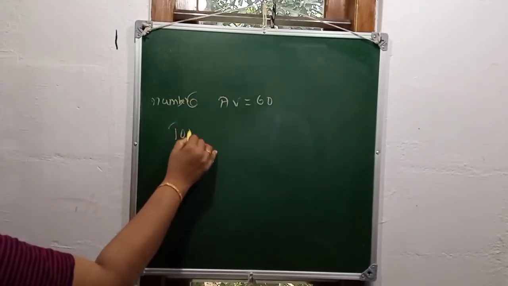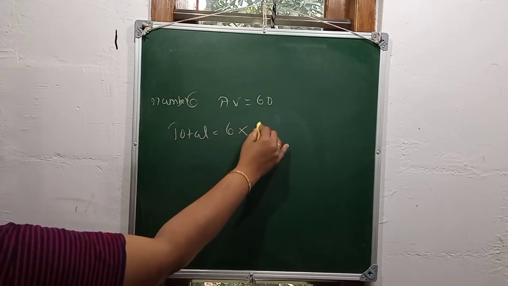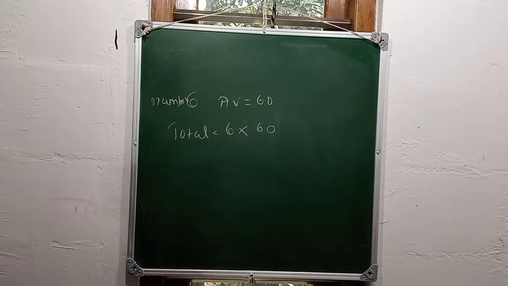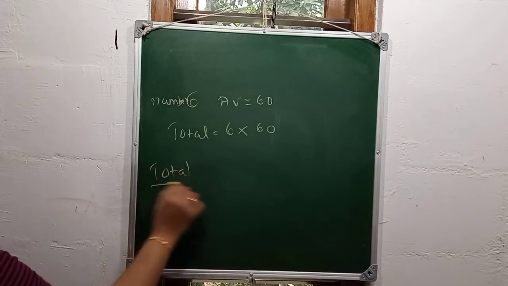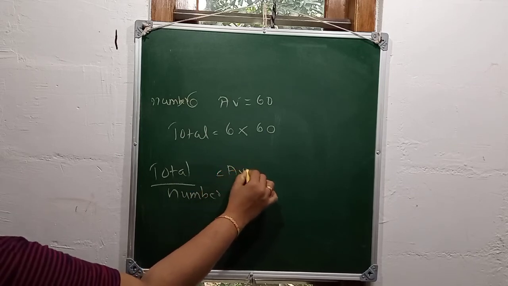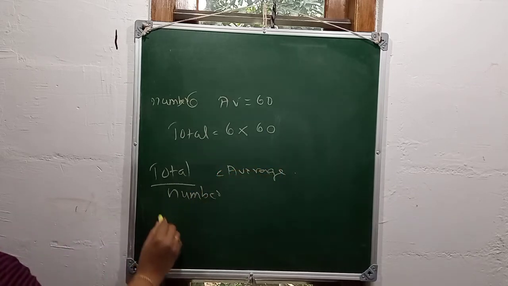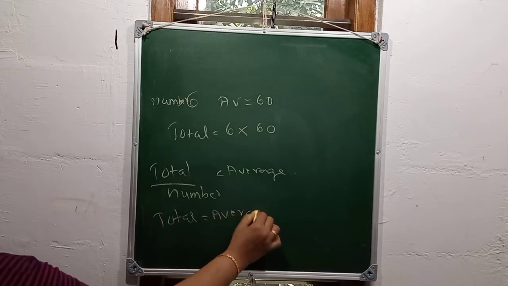Then what is the total? We know that the total is equal to number into average. Total divided by number gives the average. Then the total is equal to average into number.